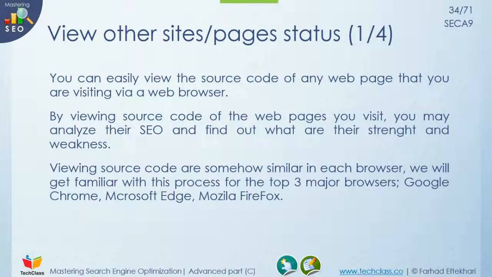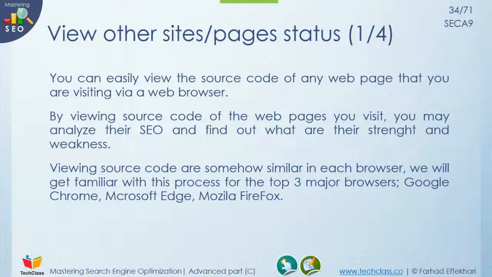And to view the other sites' and pages' status, because the internet is open source, you can also see their HTML code and find out how they are creating their websites. All of these concepts that we got familiar with, like page titles, meta tags, how to put their content, and all of these properties.